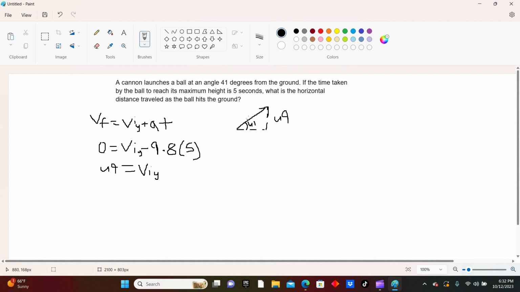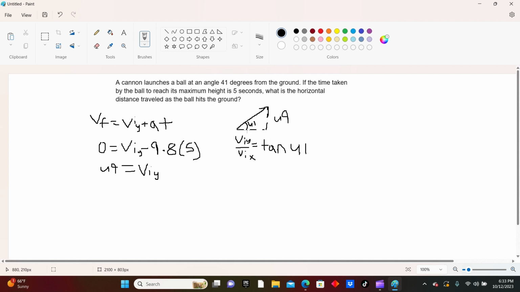So if we want to find this length here, we can just do VIY by VIX equals tan 41. This is just using trig.